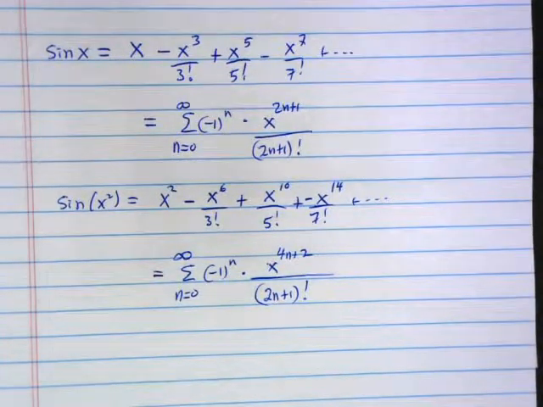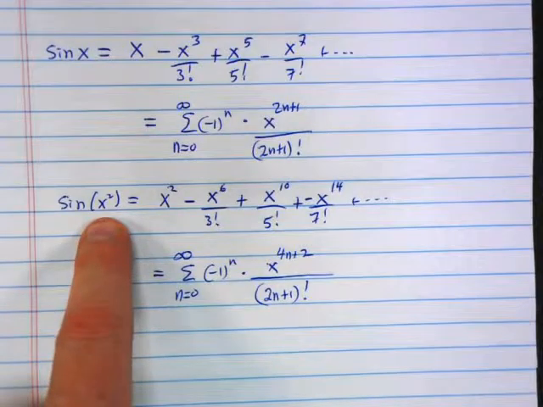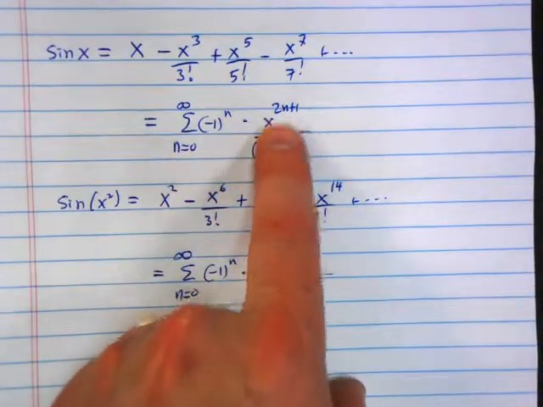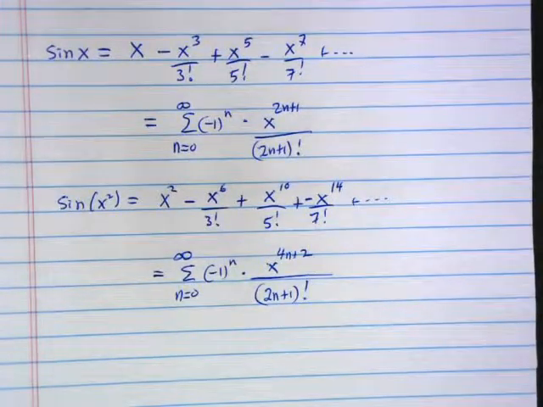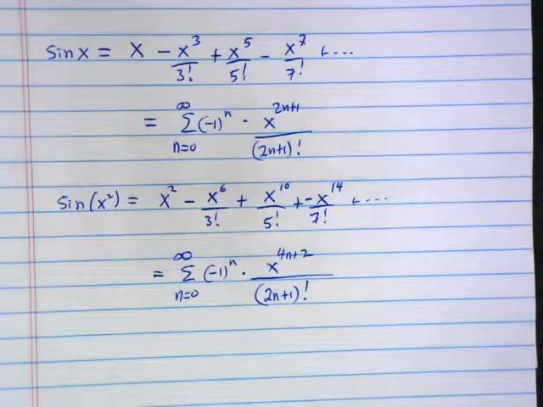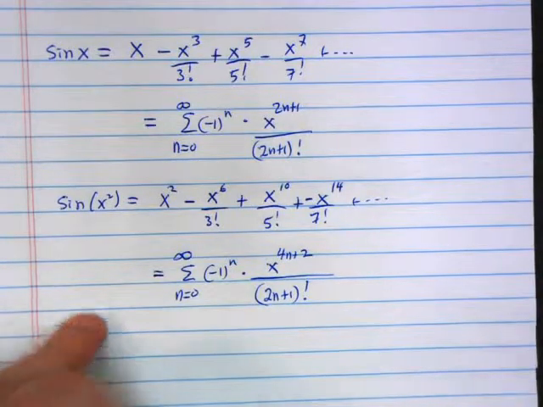That hasn't changed. So all you did is you took x squared and plugged it in. When you plug x squared in there, you multiply your exponents. 2n plus 1 times 2 is 4n plus 2. Questions on that? Okay.